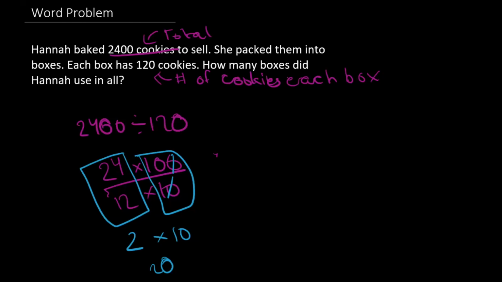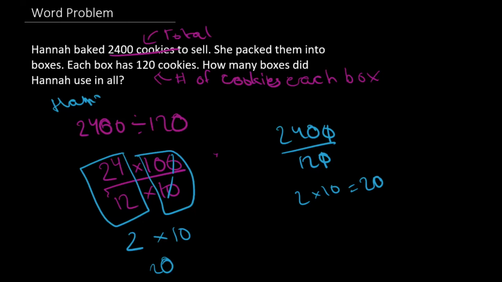So the second method, you basically do 2,400 divided by 120, cancel out the zeros, and 24 divided by 12 is 2, and 2 times 10 is 20. So I'm mixing up the first method and the second method to make it easier. So we now know that Hannah, I'm just going to erase that quickly so that I can write it properly.